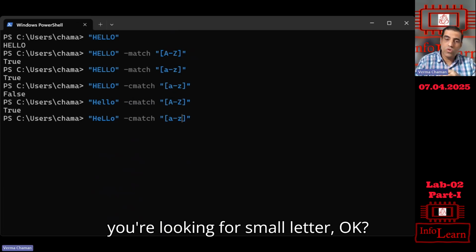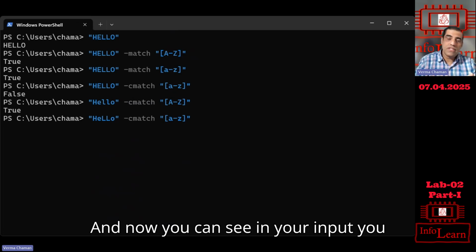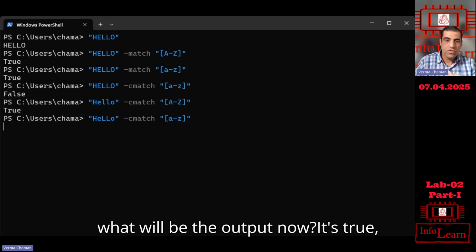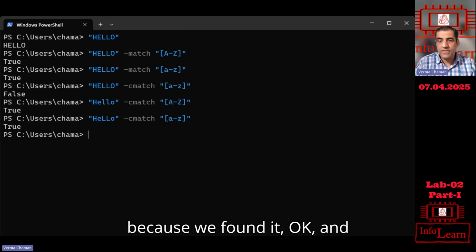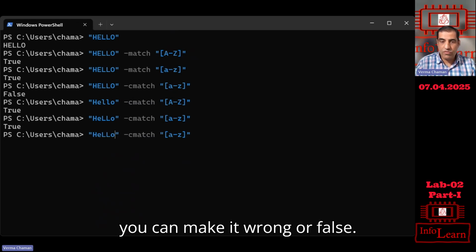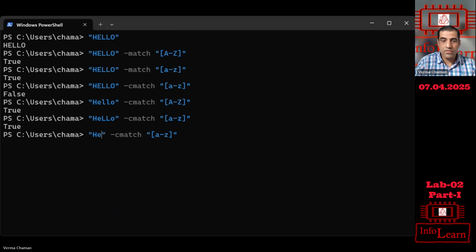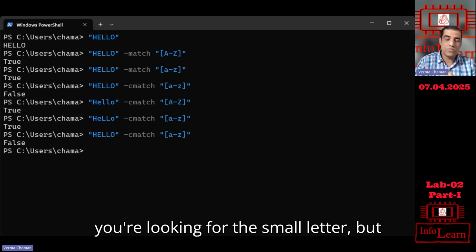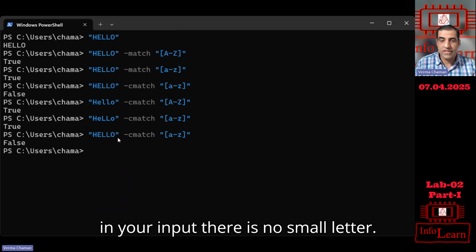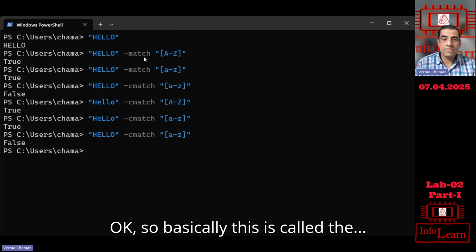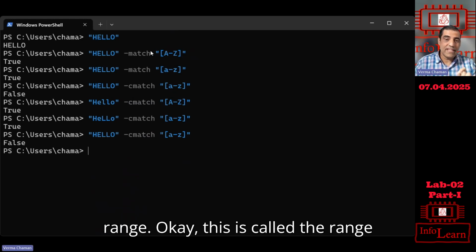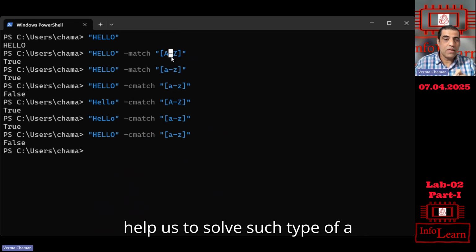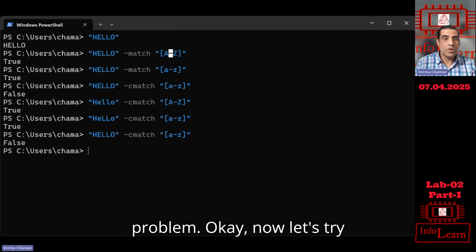Now you are looking for a small letter, and in your input you have small letters, this E and O. So what will be the output now? It's true because we found it. And you can make it false by looking for a small letter when in your input there is no small letter. So basically this is called a range, a character set. Hyphen will help us solve such types of problems.